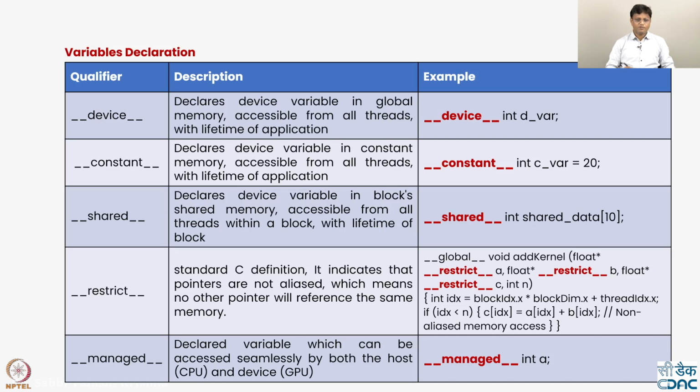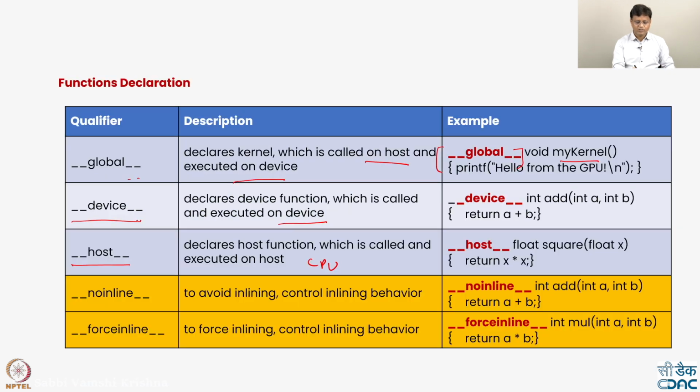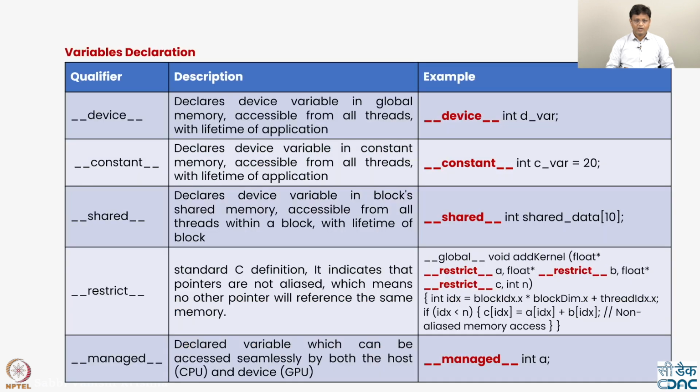So, let us discuss the first qualifier. Do not get confused with the device qualifier. The same device qualifier I used in a function declaration, here you can see I am using to declare a variable. The difference is how you apply this device qualifier. In this example, I have used the device qualifier to define one variable of int type.